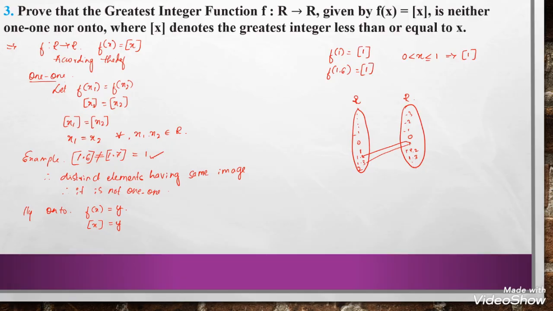But here the same image has more than 2 or more than 3 preimages in the real numbers.